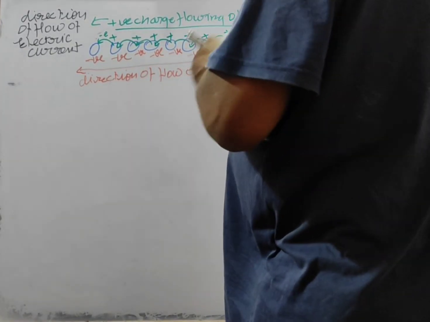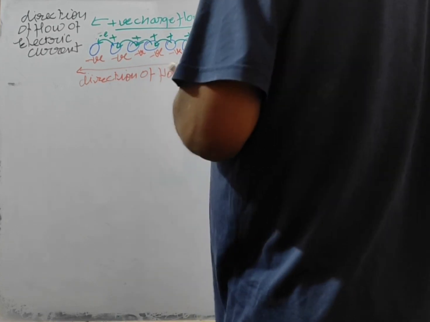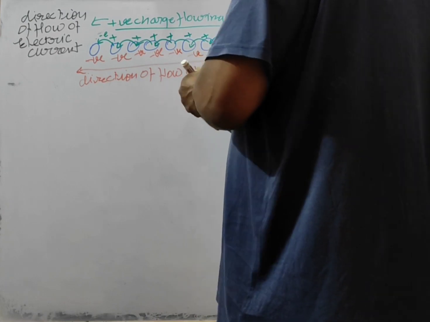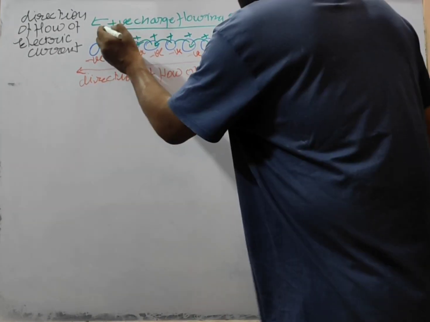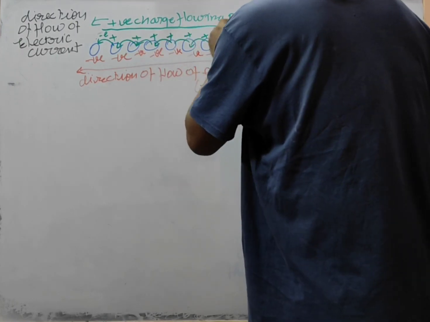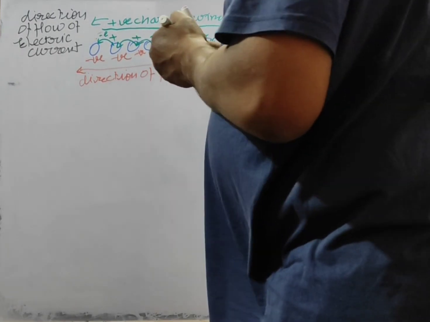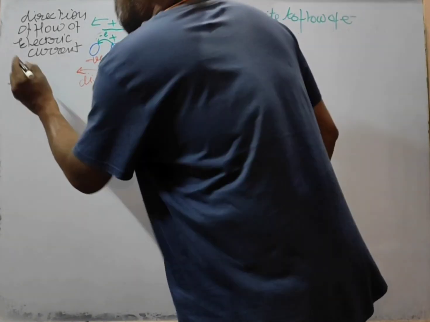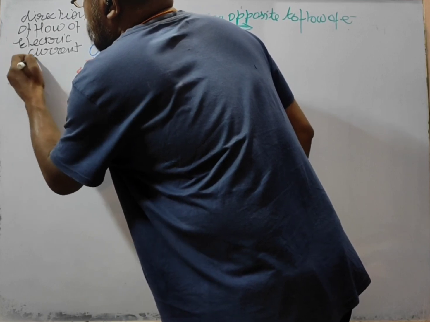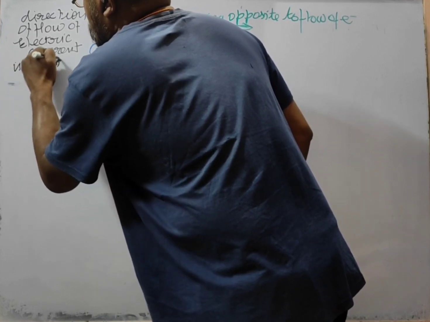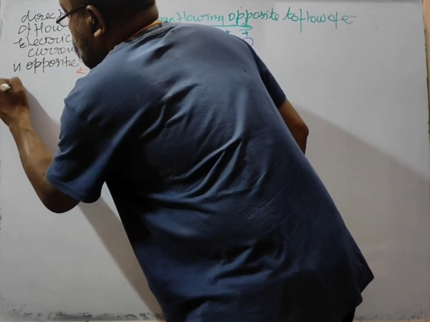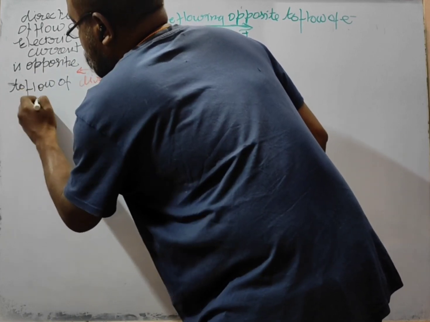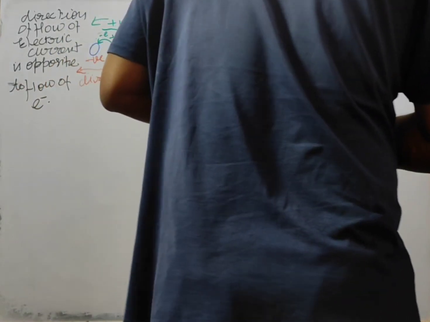So electrons are moving in this direction, and positive charges are flowing in this direction, right? The direction of flow of electron is opposite to the flow of electric current.